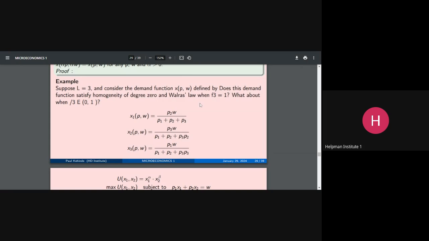and if it satisfies the Walras' law, sorry, this is beta. There's an error here. This is beta. Then beta is equal to 1 when beta is between 0 and 1. Let me make a correction quickly.